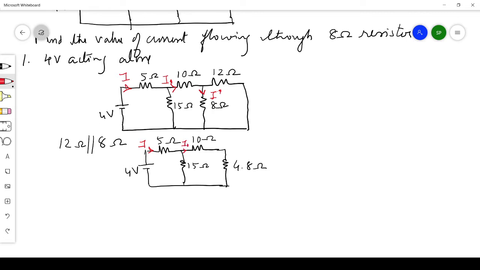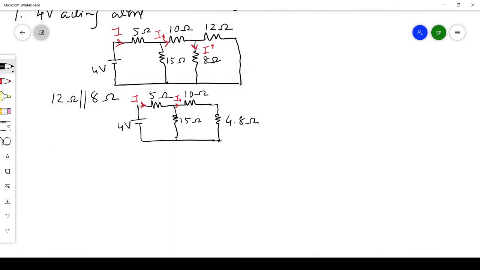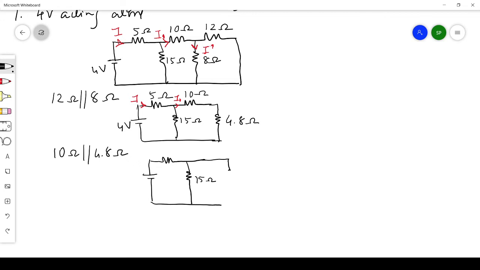Now how will you find this? Again you can see this 10 and 4.8 ohm are in series, so we can simplify this network again. So here we have 10 ohm with 4.8 ohm, and we can redraw the diagram with the equivalent resistance. Here this one is 15 ohm, and 10 and 4.8 ohm are in series, sorry, it is not in parallel.